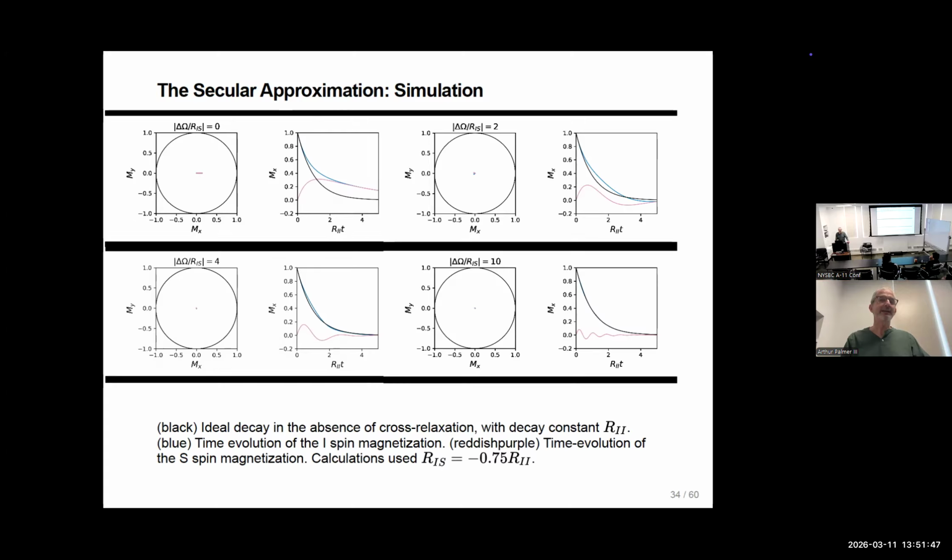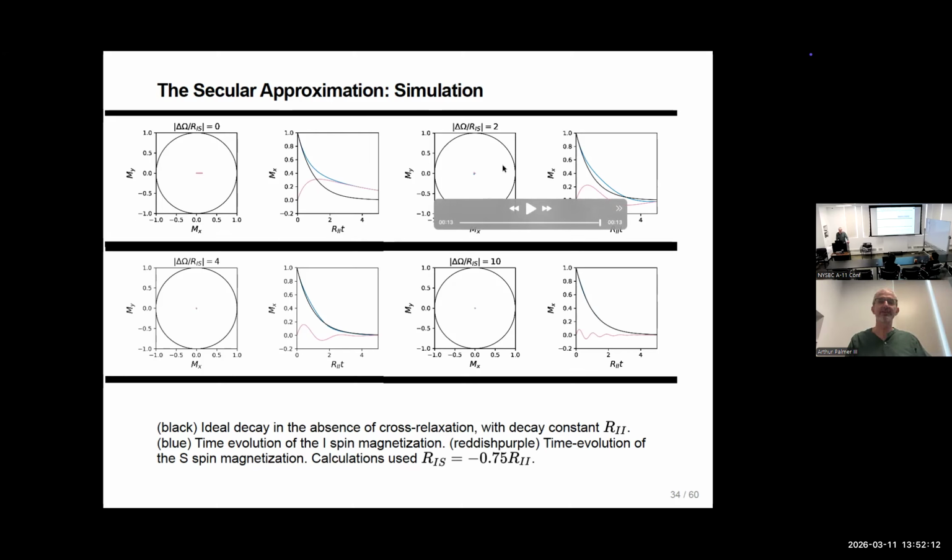The black line is the independent R2 of the blue spin. And the blue line is the bi-exponential decay of the blue spin because it's exchanging magnetization with the pink spin. So this looks just like a NOESY buildup. Now, here I move the resonances a little apart.